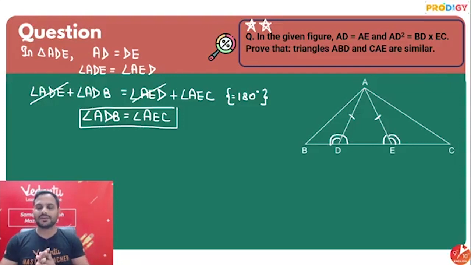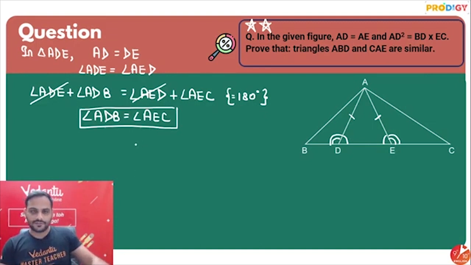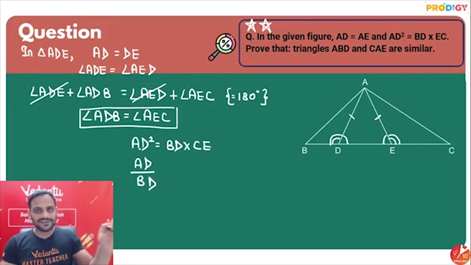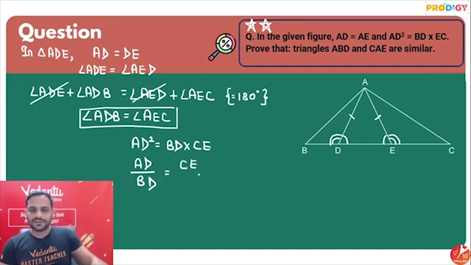Now, two angles are equal, so we will think about the ratio of the sides. It is given AD square is BD into CE. So if AD square is equal to BD into CE, I can shift BD into division. So AD upon BD, and one AD square is there, so that is AD into AD. One AD I will shift in division over here, so that will be CE upon AD.